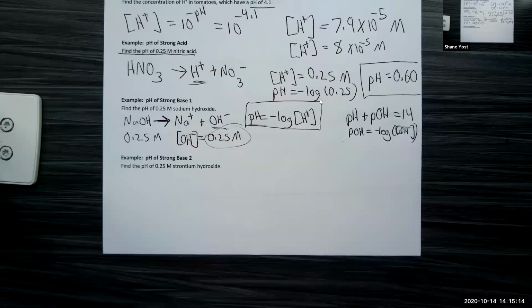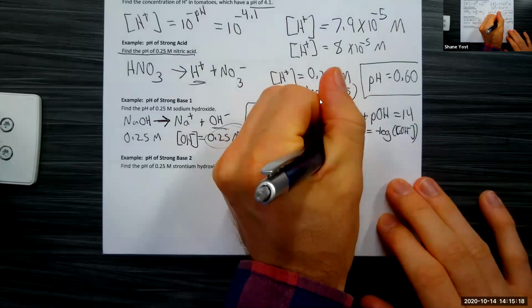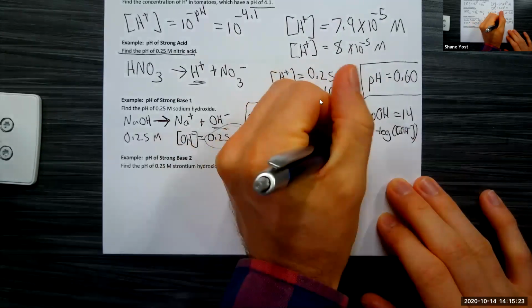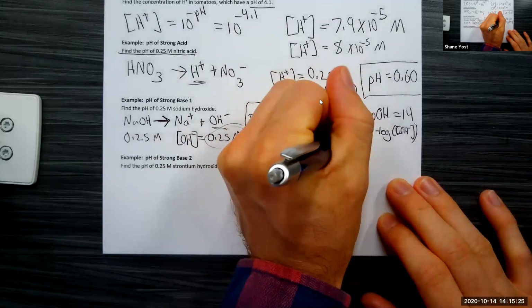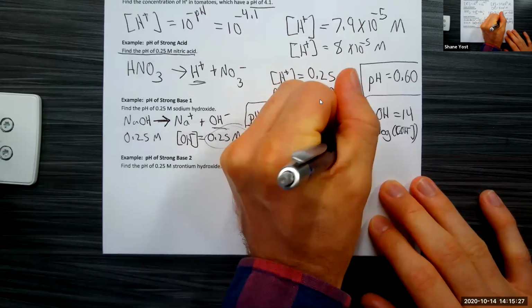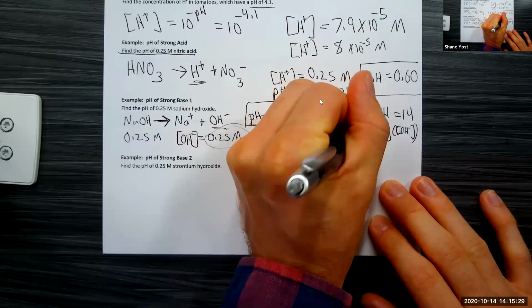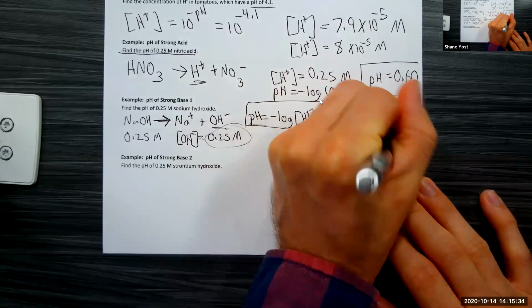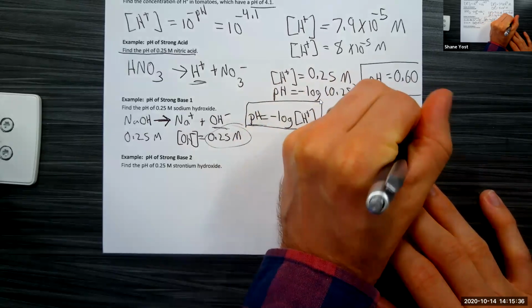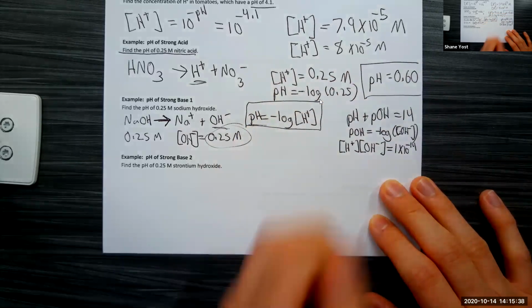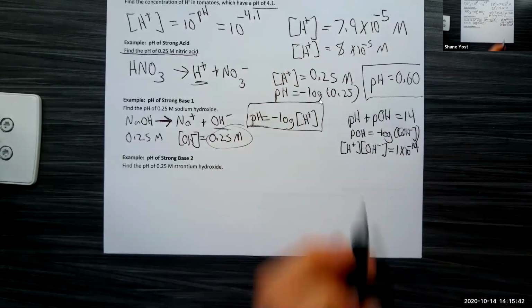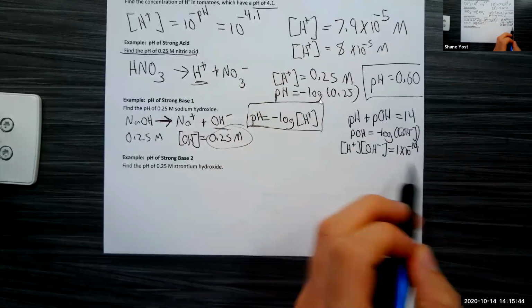Every acid-base reaction we're going to talk about in this class always assumes the solvent is water, and in water there's that auto-ionization reaction that's always occurring. That's an equilibrium reaction that tells me in every solution of water, the concentration of H plus times the concentration of OH minus always equals 1 times 10 to the minus 14.